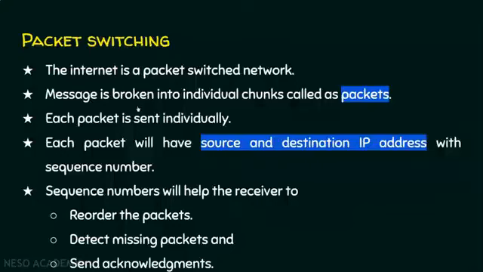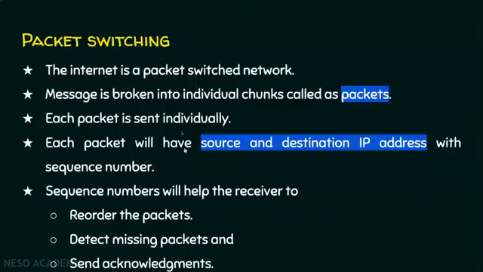And here is the difference between packet switching and message switching. In packet switching, each packet is sent individually. Suppose a big message is broken into 5 pieces and each of these 5 pieces can be sent individually. So if each of these 5 pieces can be sent individually, each of the pieces should have some information that uniquely identifies the source and the destination.